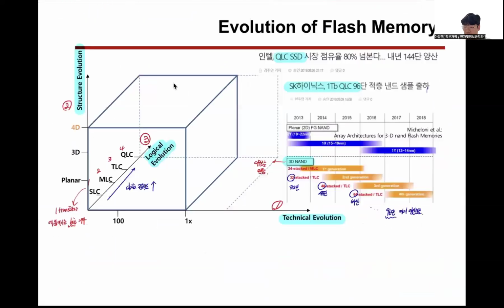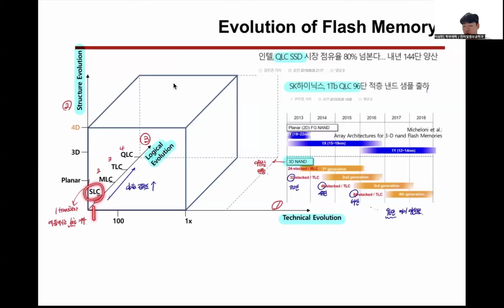And then there are multi-level cell, triple level cell, and quadruple level cell. A cell can hold bits. A bit is the information that we read and we want to write.